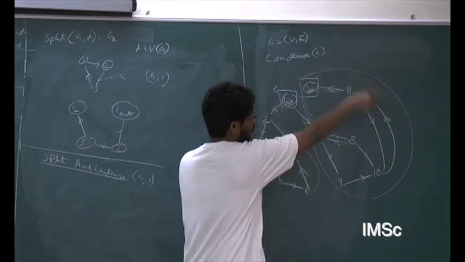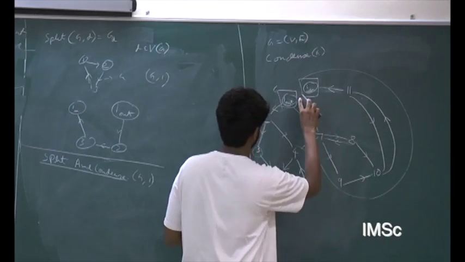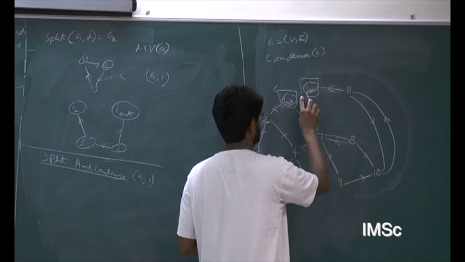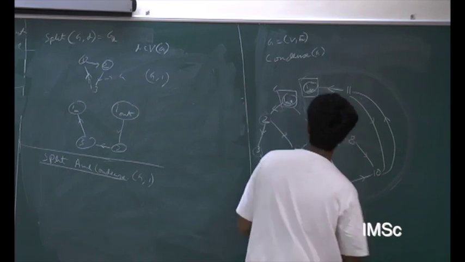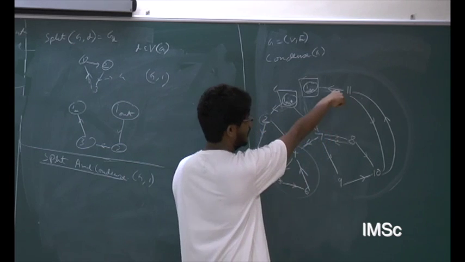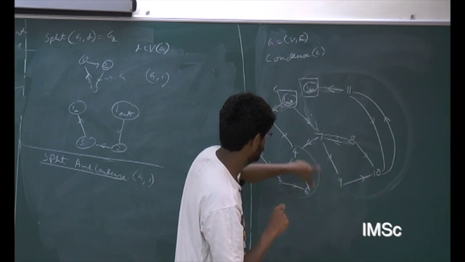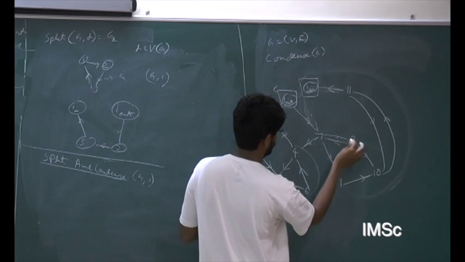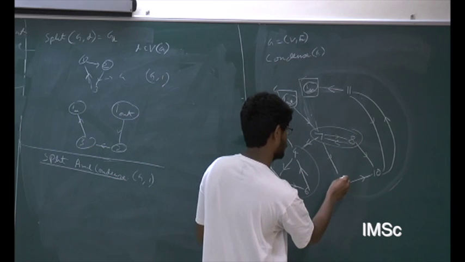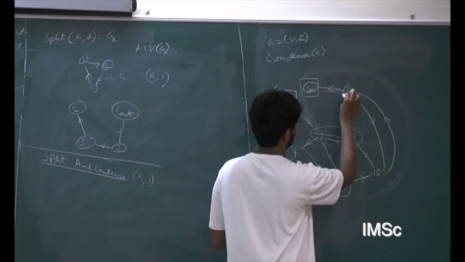Initially the entirety of this was a SEC, but now this entire thing is not an SEC. 7, 8 is an SEC, 9 is a separate SEC, and 10, 11 is an SEC.